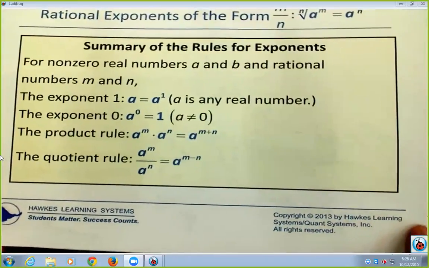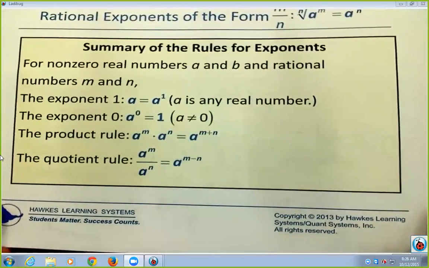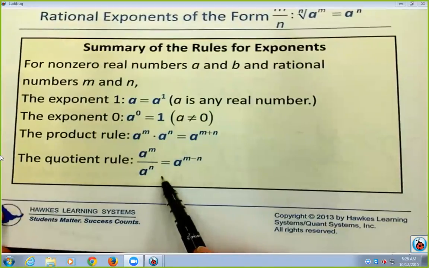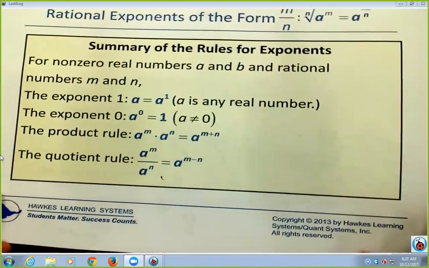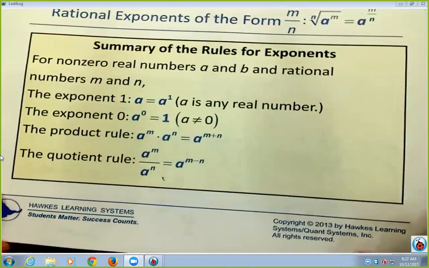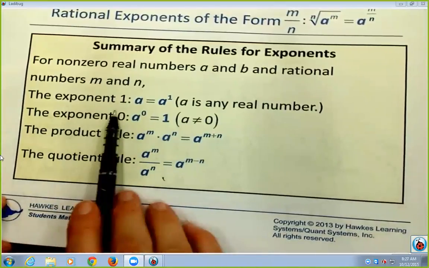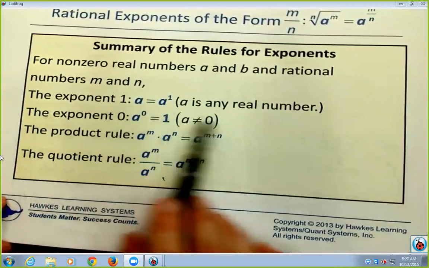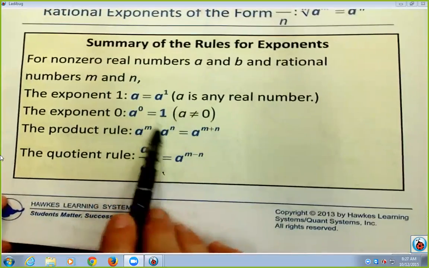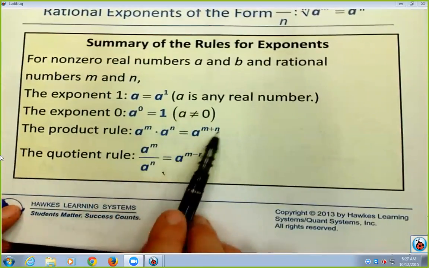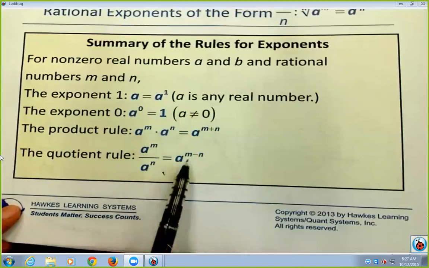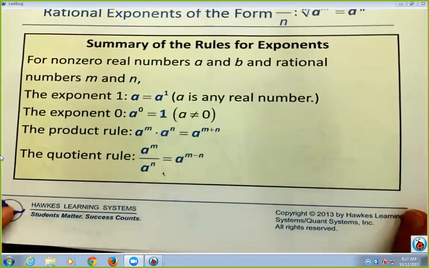So now, a summary of the rules of exponents. We kind of went through that earlier. I'll leave this up for a minute if somebody at home is watching these so that you have those. But we kind of reviewed all of them. Exponent of 1 just stays as a base. 0 came out to be 1. We multiplied and you added. We divided and we came up with a difference between those two.